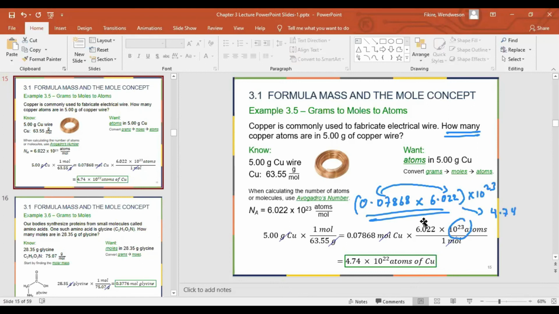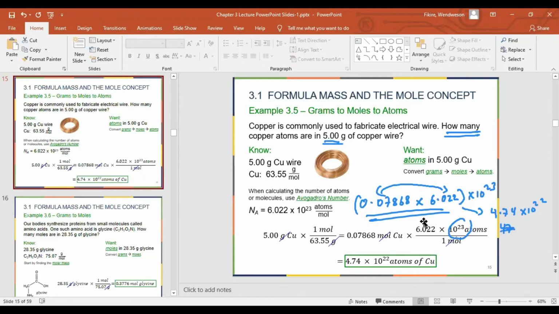There might be more significant figures, but we have to keep our answer to three significant figures, since we have 3 significant figures given here.